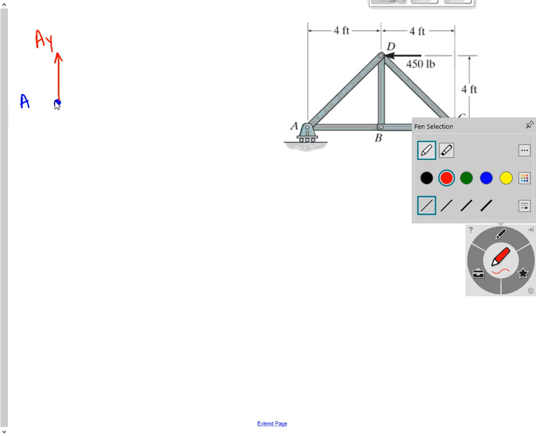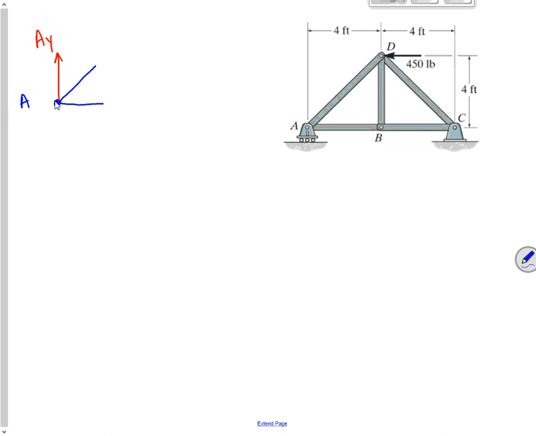In addition, I've got this force and this force. So FAD, the beam is in compression. Well, let's just draw it this way. This is FAD. We're going to leave it this way. I'm going to make this one point this way. This is FAB.